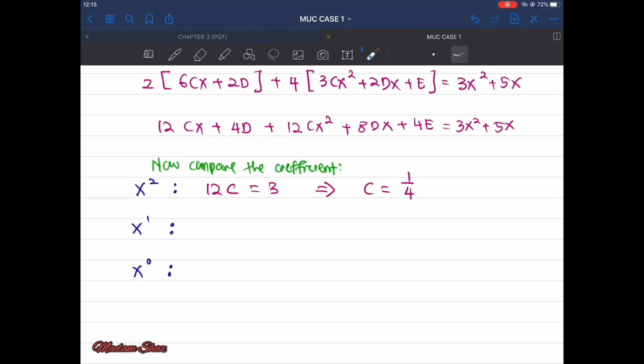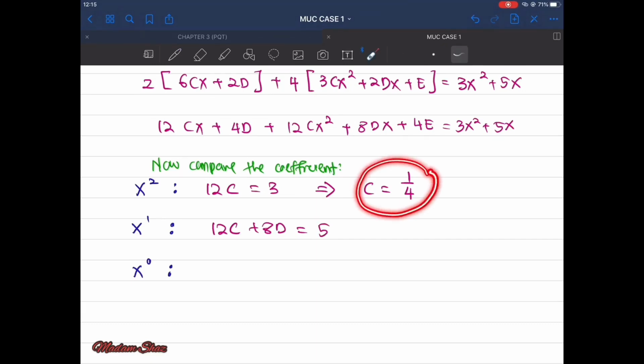So for x to the power of 1 from the left hand side, you have 12CX, so we write 12C, plus 8DX, so 8D, is equal to 5X, which is 5.